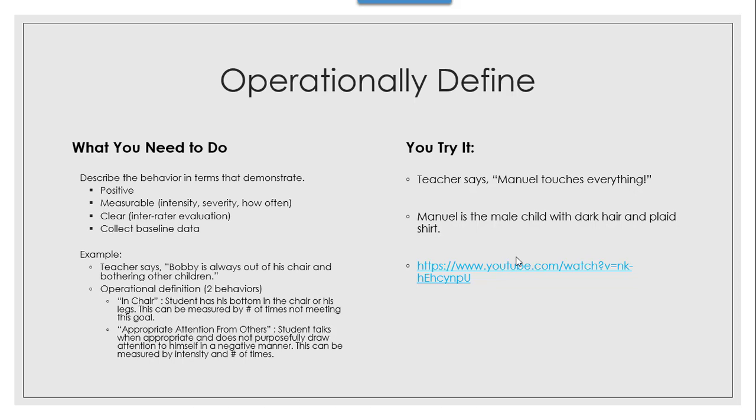Does not purposely draw attention to himself, 1 to 5. Negative attention he's drawing to himself is a negative. So now you have 3 items that you've built as a rating, 1 to 5 of the intensity. So you can use any one of those 3 behaviors. If you did it and someone else did it, they can look at that and understand it and then move from there. So with Manuel, you're going to be doing the same thing.